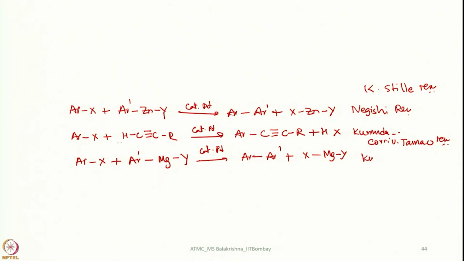Okay, this reaction is Kumada, and this one is Sonogashira. Sonogashira reaction, this is addition of an alkyl halide to acetylene. And the last one in the series I am going to write is Hiyama reaction.